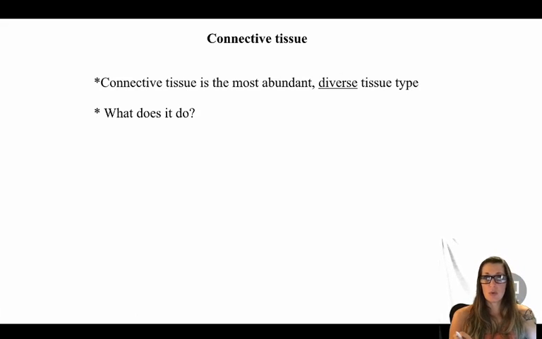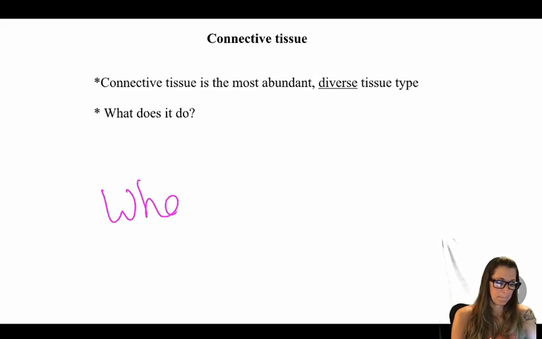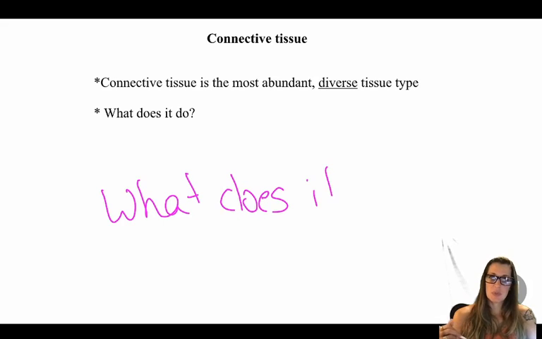Connective tissue. So this is the most diverse tissue type. It's wild. It's all over the place. Something that I would like you to stop for a second and ask yourself is, what does connective tissue do? I think a lot of times we get in our heads about these things and we don't stop and just realize it's in the name.